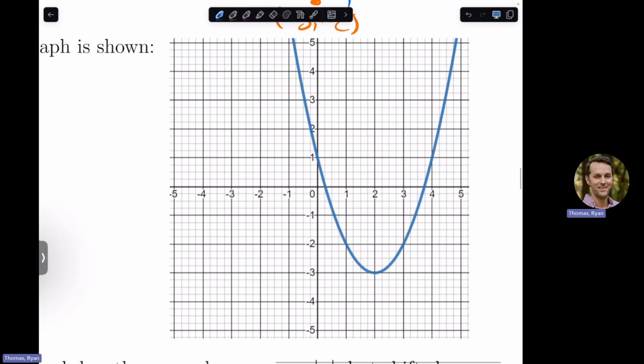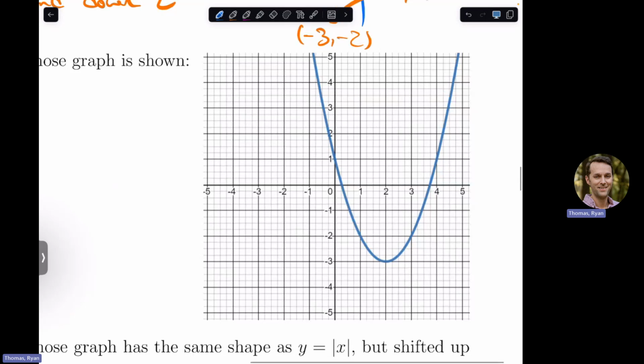We have to identify what kind of thing it is. X squared by the shape, right? Okay, so it's a square function, which means it came from a thing that looked like that. So how has it been changed, moved, shifted? To the right 2 and down 3.